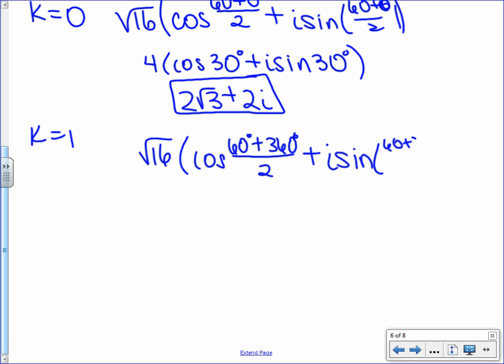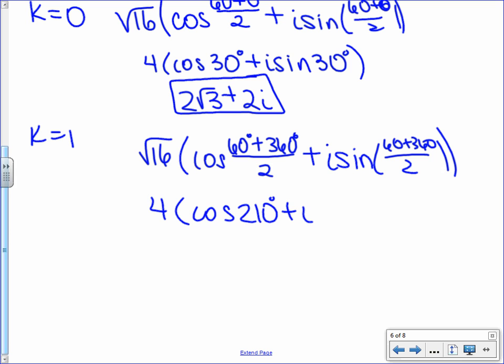What is 60 plus 360 divided by 2? Okay, so we're talking about 4 times the cosine of 210 plus i sine of 210. Okay.